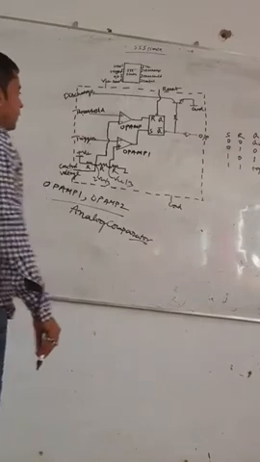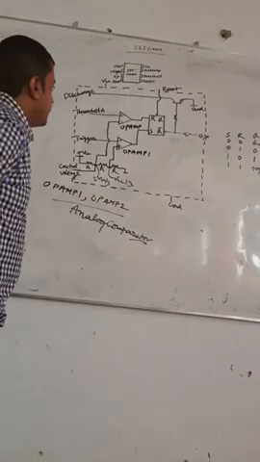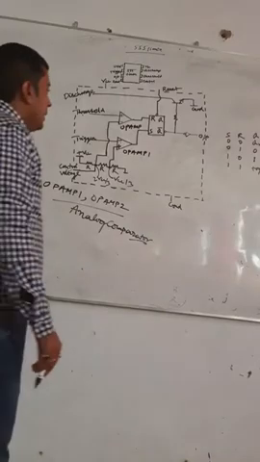So op-amp 1: the inverting terminal is connected with the trigger input. If the trigger input is below VCC by 3, then what will be the output of op-amp 1, which is used as analog comparator 1?